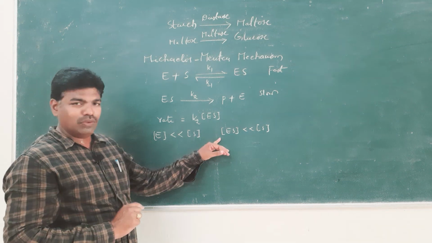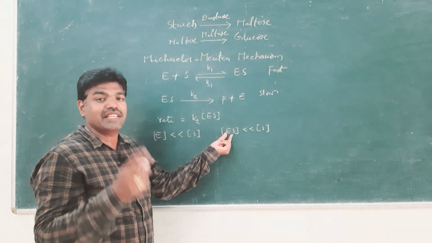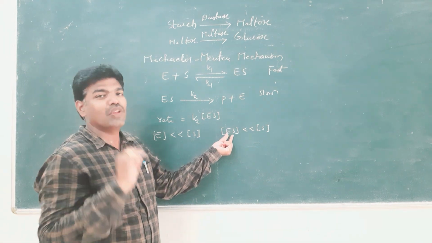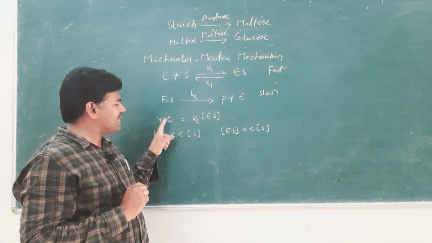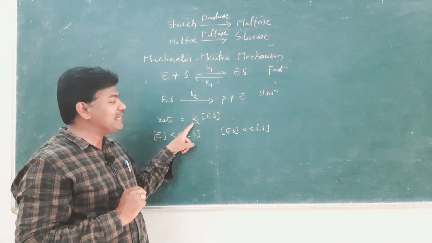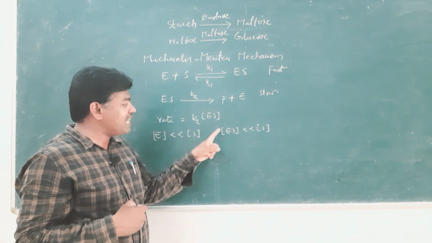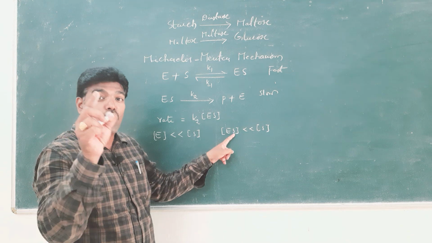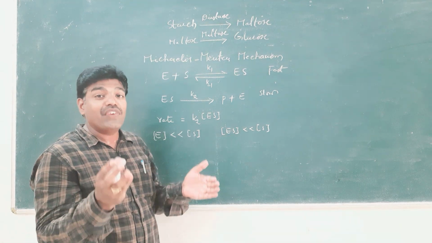So, according to the known statement, the enzyme substrate complex concentration is very low, but the rate for this reaction is given by rate equal to K2 into the concentration of enzyme substrate complex. But we know that the enzyme substrate complex is in very low concentration. How can we measure it?